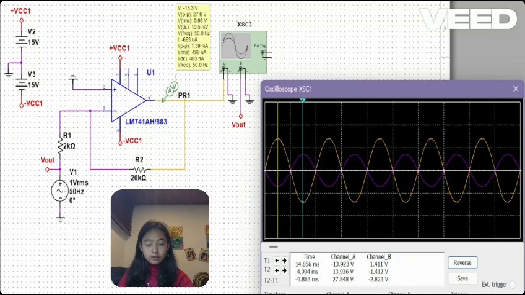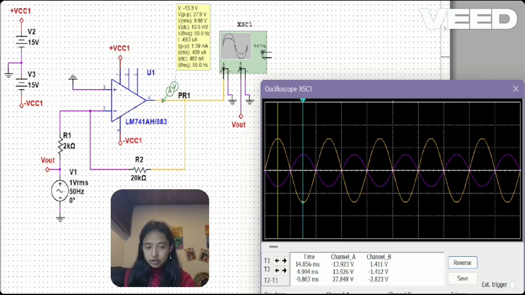So here we have an example. We have components like an operational amplifier, in this case LM741, an input resistor of 2 kilo ohms, a feedback resistor of 20 kilo ohms, a sine signal source of 1 volt and 50 Hz, and a power supply. For the connection, this signal is connected to the inverting input terminal through the input resistor.